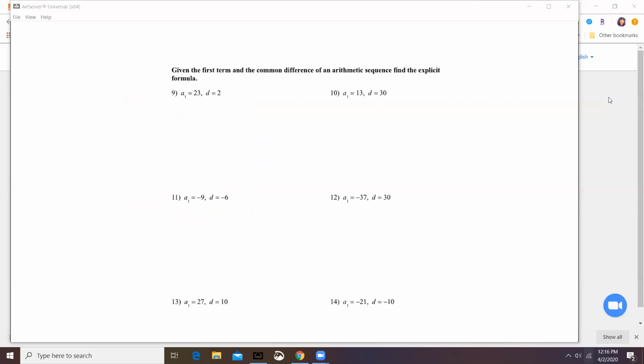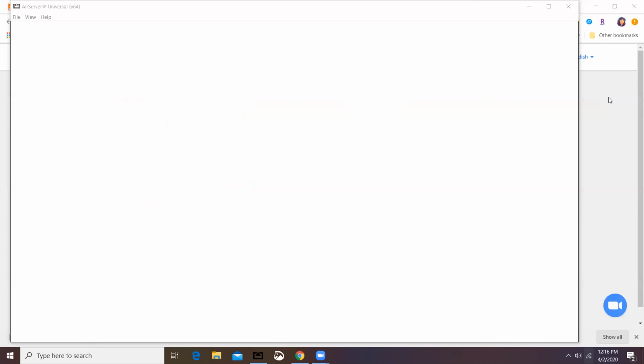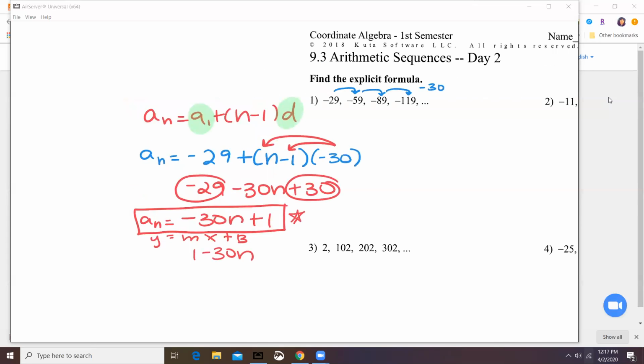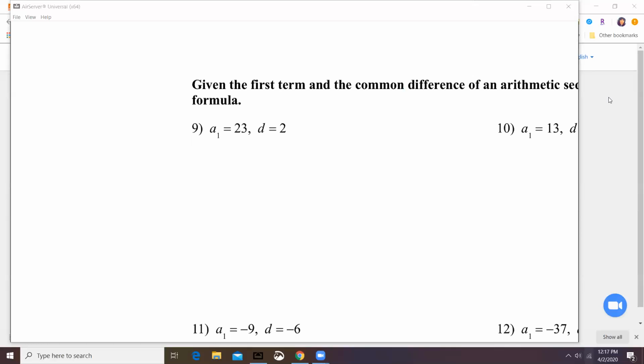Okay, so when we did the first one right here, we had to figure out what the first term was and what the common difference is by looking at the sequence. This is kind of like they're doing the work for you. So the formula is a sub n equals a sub 1 plus n minus 1 times d. So it's already telling us what we're plugging in. We've got a sub 1 and we've got the d.